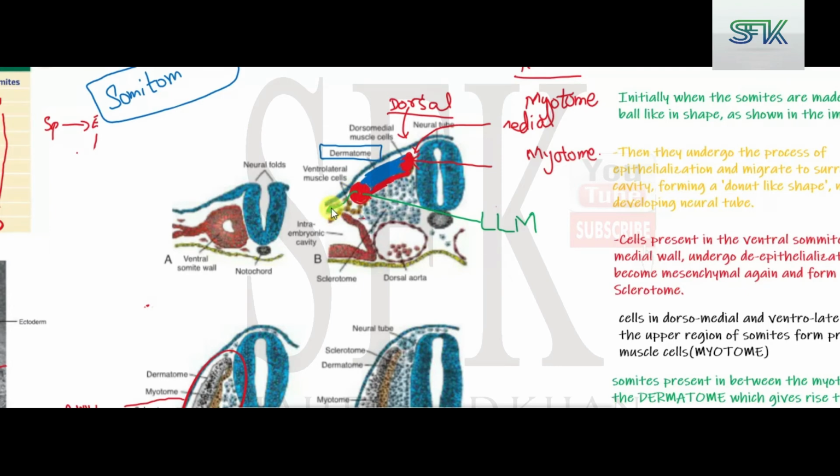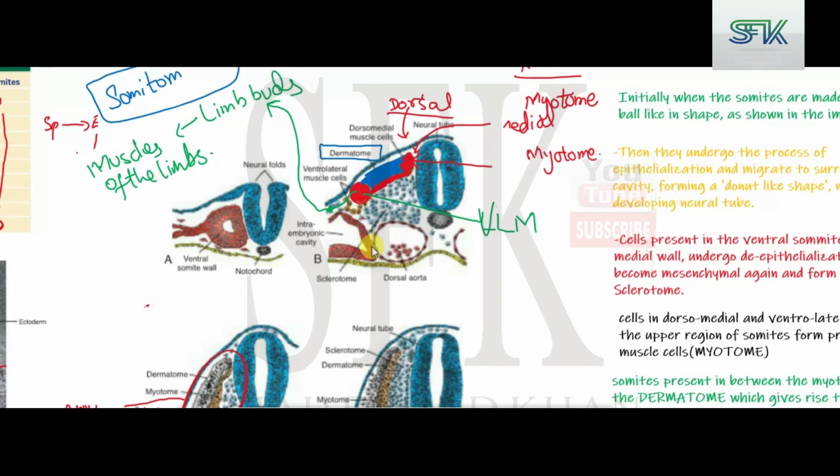They start migrating into a layer of the lateral plate mesoderm, and from here they eventually go into the limb buds and give rise to the muscles of the limbs. So basically what has happened, the ventrolateral myotome's cells started migrating into the parietal layer.